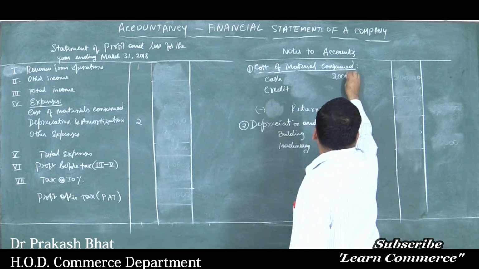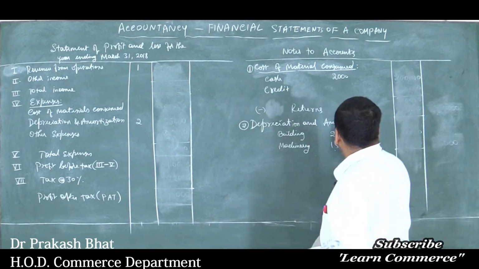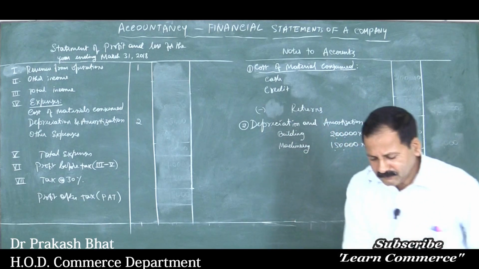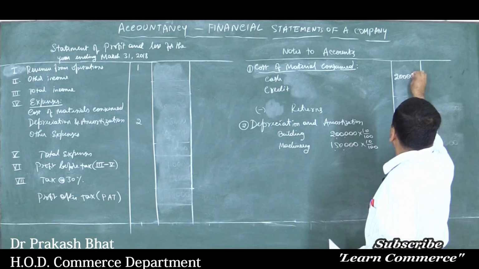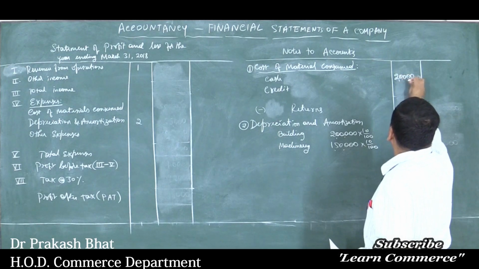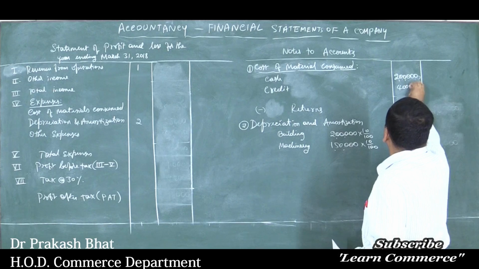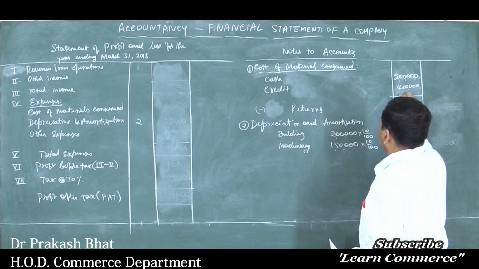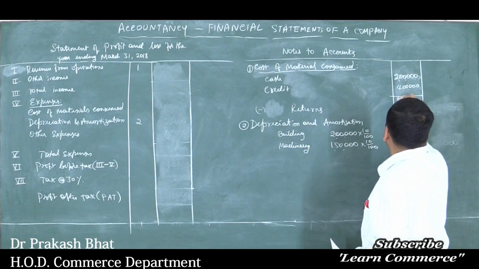Let us write in the inner column, 2 lakh and 4 lakh, so it will be 6 lakh, minus returns.